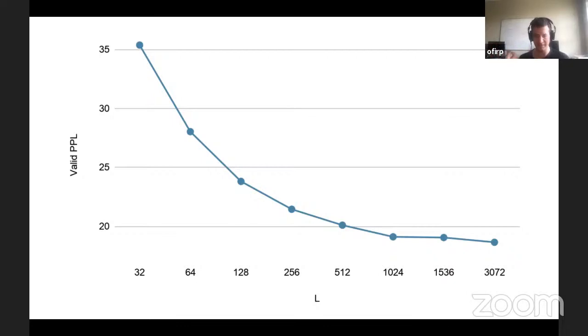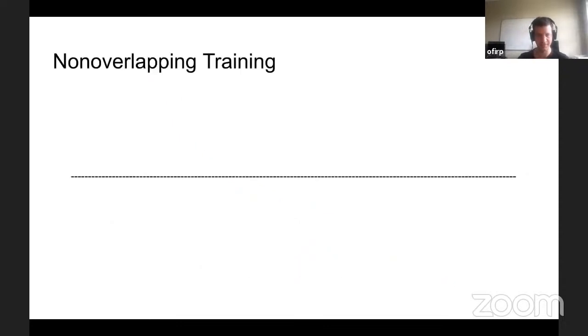We trained them on Wikitext-103, and then we ran them each on the validation set. What we see is that the more tokens your language model can read at once, the better your validation perplexity is. So that affirms the community's belief. But what we're going to see is that this isn't necessarily always true.